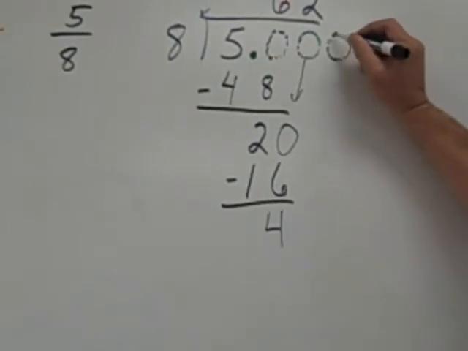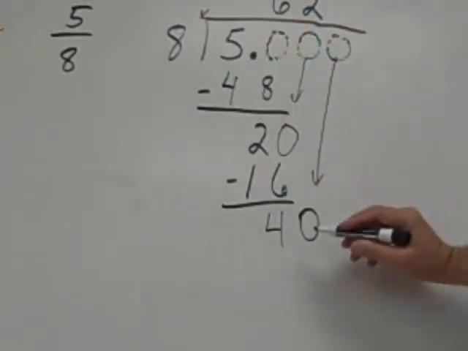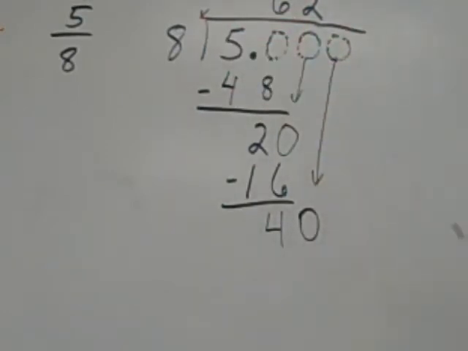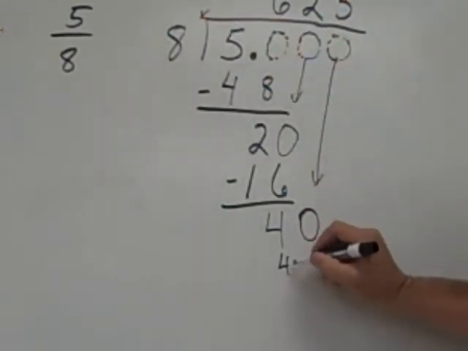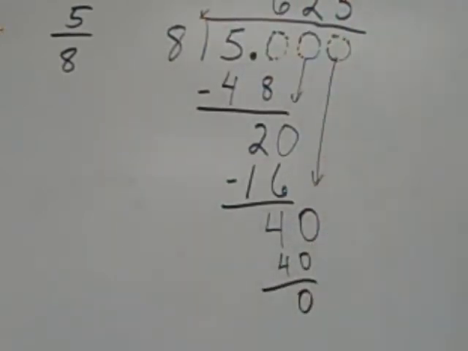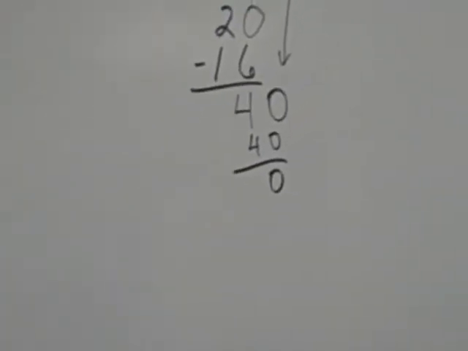It's not that hard. Bring it down. Now, 8 divides into 40 5 times. 5 times 8 is 40. No leftovers. Divide until no leftovers. I now have no leftovers.